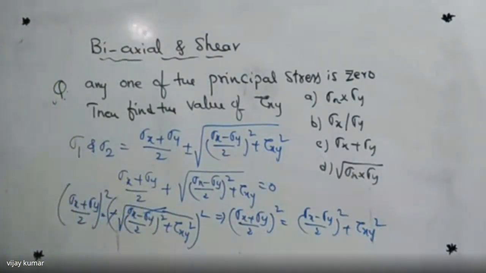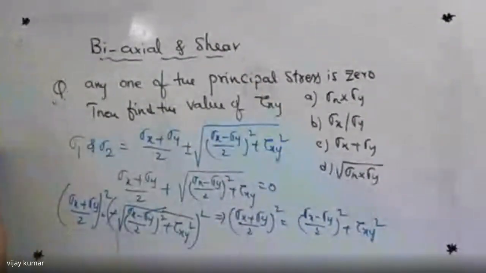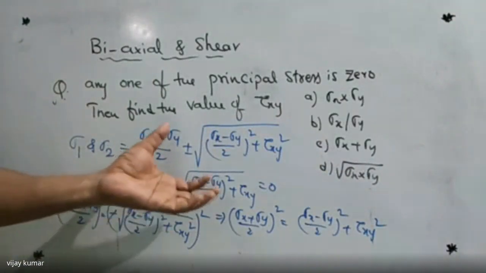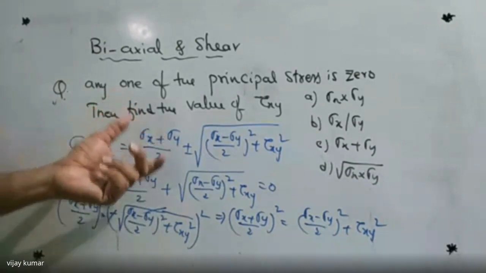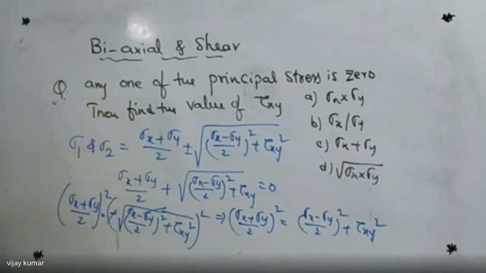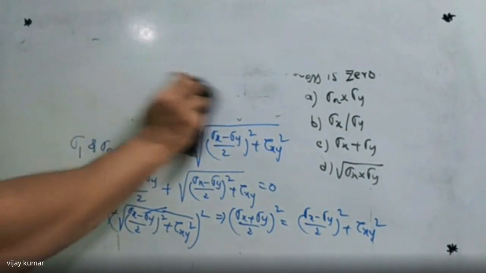Now you got my point? Now here I want to find the value of tau xy. So I am telling very slowly, but we have to calculate very fast in the GATE examination. By practicing only, we can calculate such types of problems very fast. So how to find that value now?